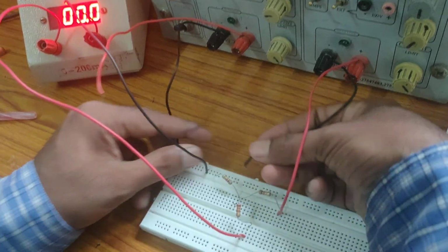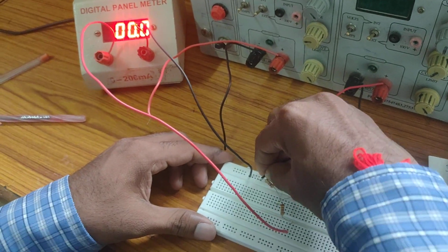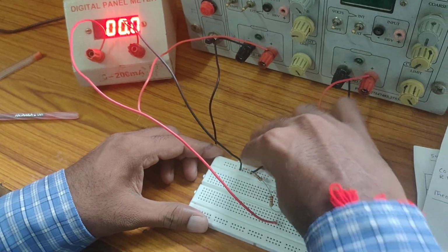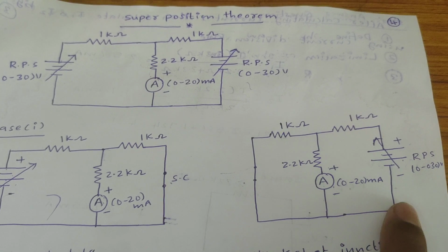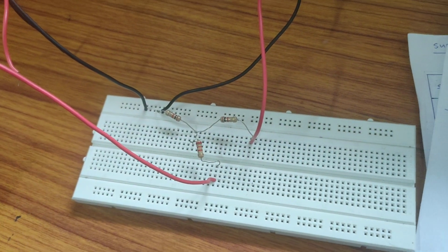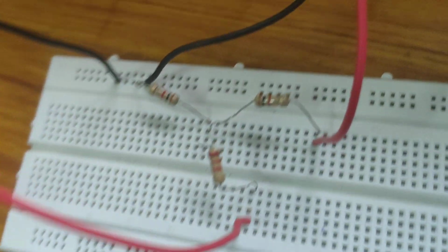See here, RPS negative is also connected to ground. Ground has three terminals: ammeter negative, RPS negative and the 1 kilo ohm resistor ending. Three terminals, ground is over. Now connections are made as per the circuit diagram. Switch on the power supply.